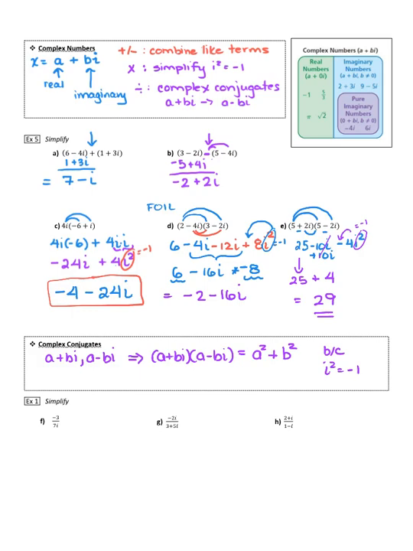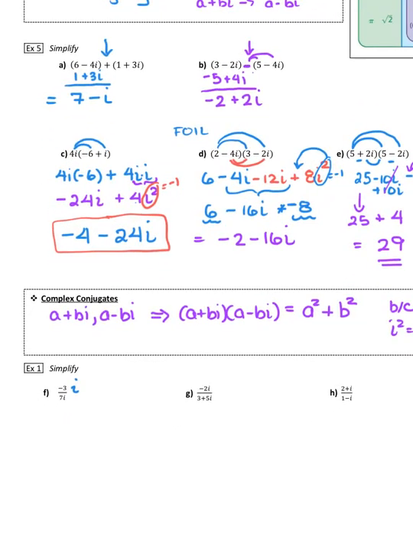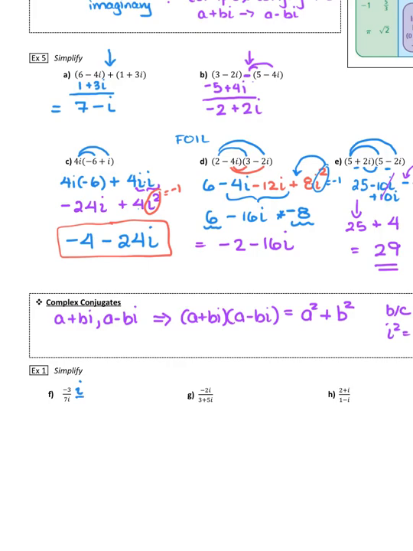So in this first one, simplify -3 over 7i. Everything there is fine, except you can't have i in the denominator. So what we're going to do is multiply top and bottom by i. Why would I do that? Because I have -3i on top, which is okay, just like radicals on top are okay.